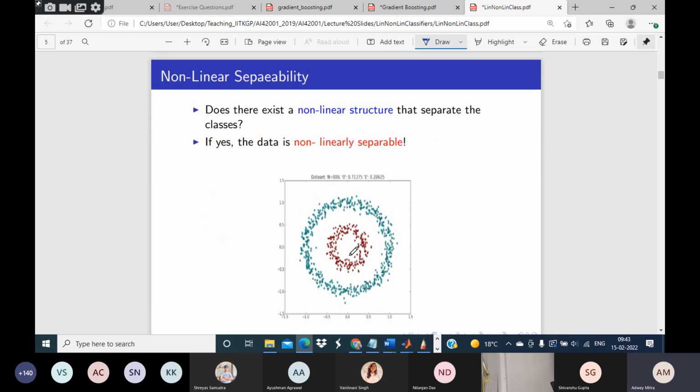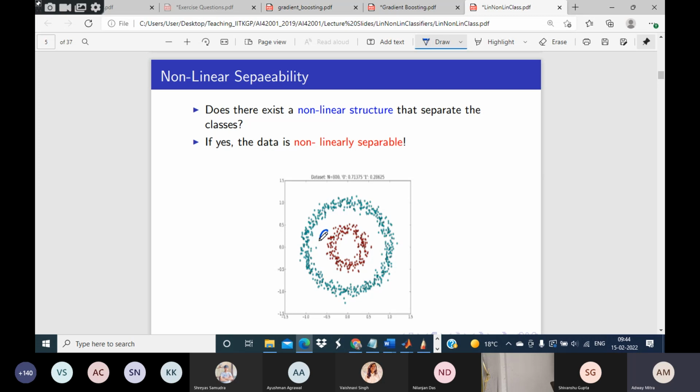Now there is another kind of data set which we can call non-linearly separable. Let us consider here: the red points are arranged like this in the feature space, the blue points are arranged like this in the feature space. As you can understand, there will be no line which will have the red points on one side and the blue points on the other side. It's not possible.